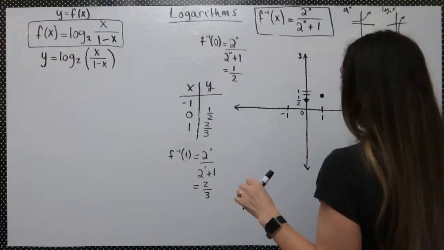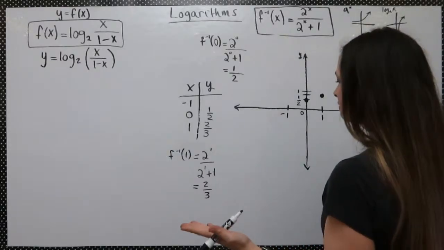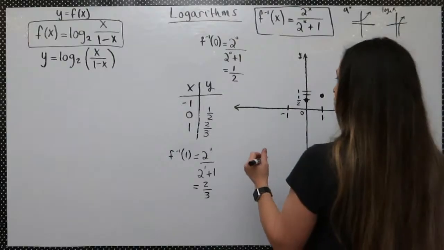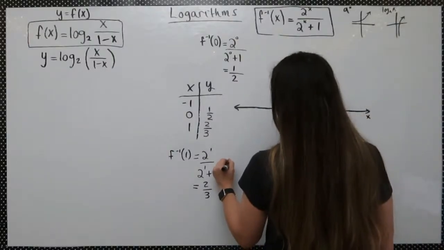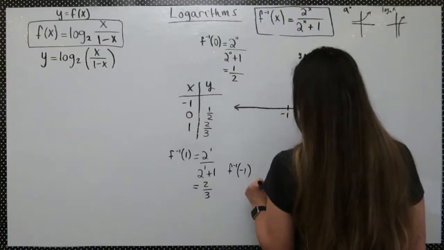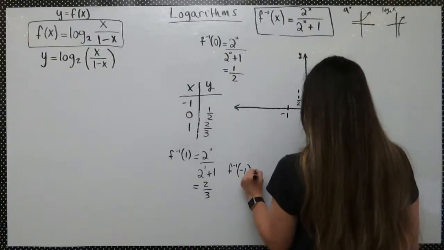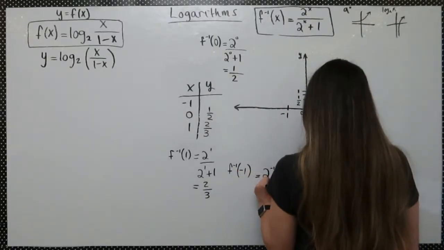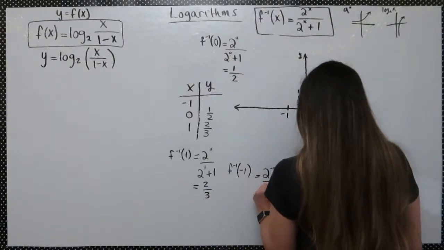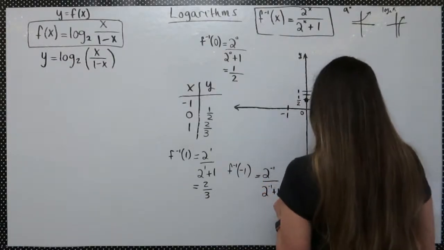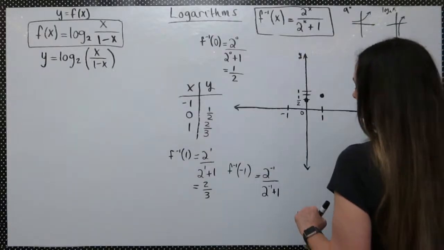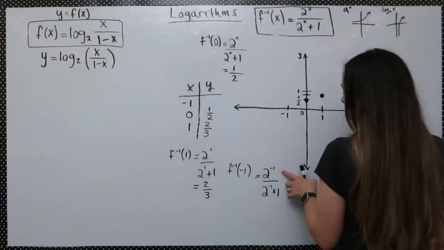Now the negative value is probably going to be a little bit more difficult, but let's see if we can do it. F inverse of -1 is going to give me 2 to the -1 over 2 to the -1 plus 1. So I have to figure out how to evaluate this.